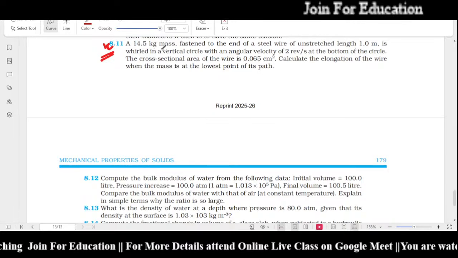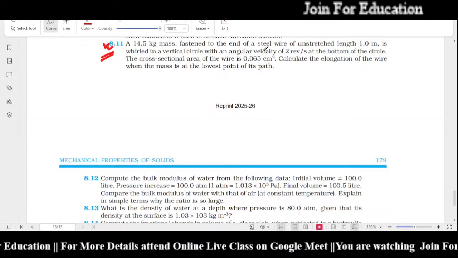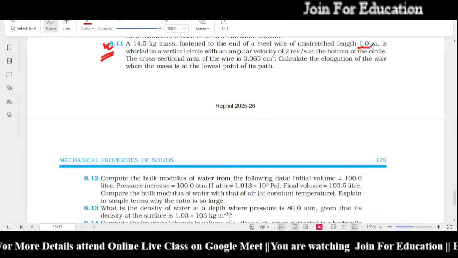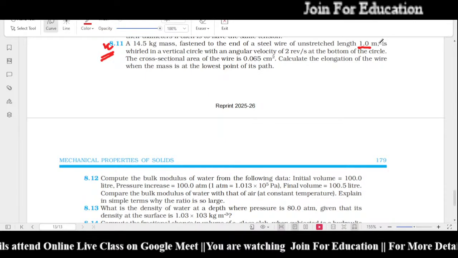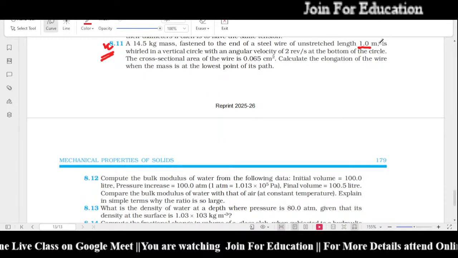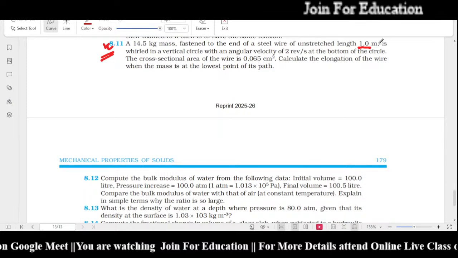A 14.5 kg mass fastened to the end of a steel wire of unstretched length 1.0 meter is whirled in a vertical circle with an angular velocity of 2 revolutions per second.